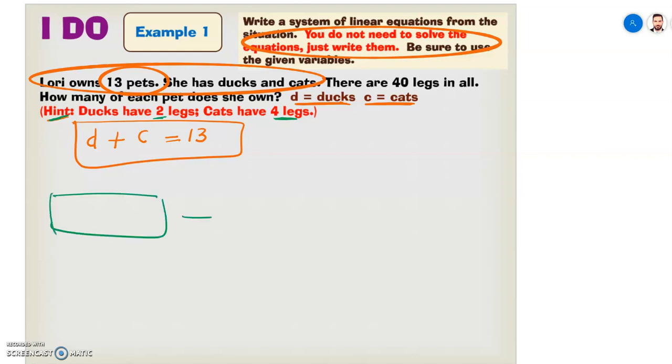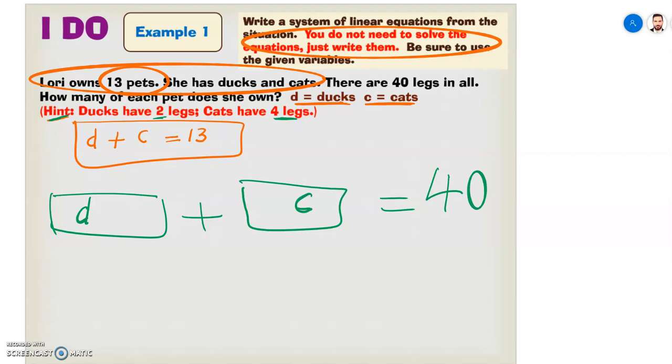For the ducks and the cats together, it's how many legs? 40. How many legs in the duck? And how many legs in the cat? 2 legs in the ducks and 4 legs in the cats.